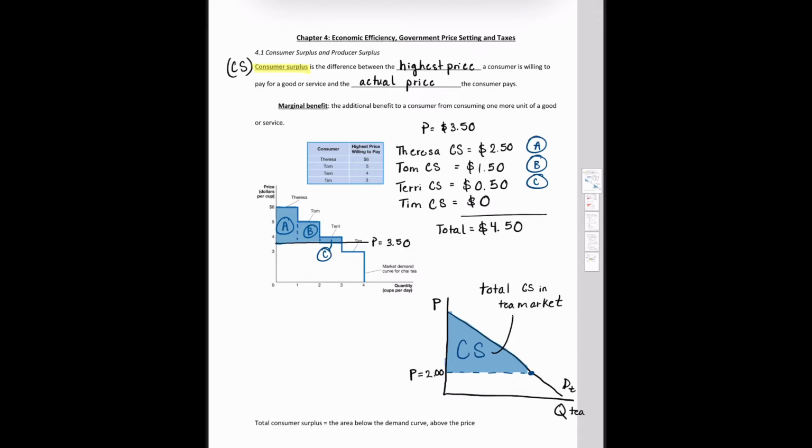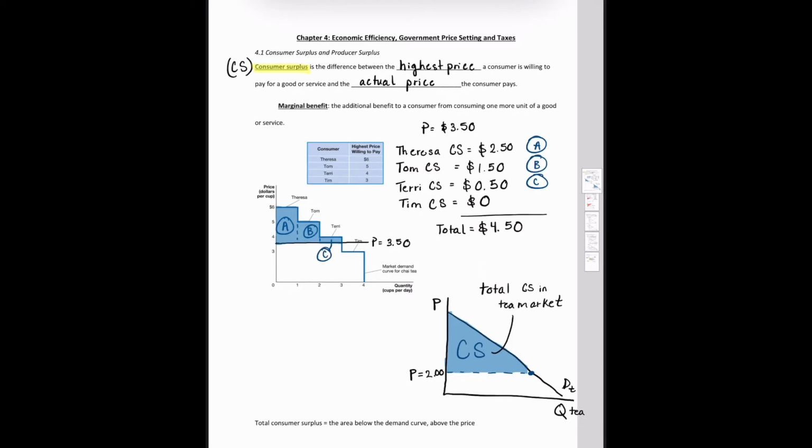Here we have a chart that shows that, and then we have that chart graphed out, showing the price in dollars per cup and the quantity in cups per day. We can see on this chart, at a price above $6, no chai tea is going to be sold. At a price of $6, 1 cup will be sold, and as the price falls, more cups will be sold respectively. So our question is, how much potential benefit do tea consumers derive from this market?